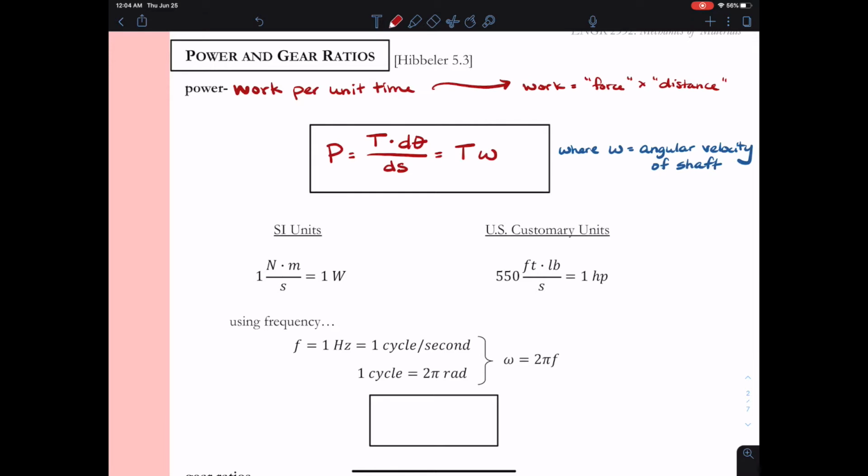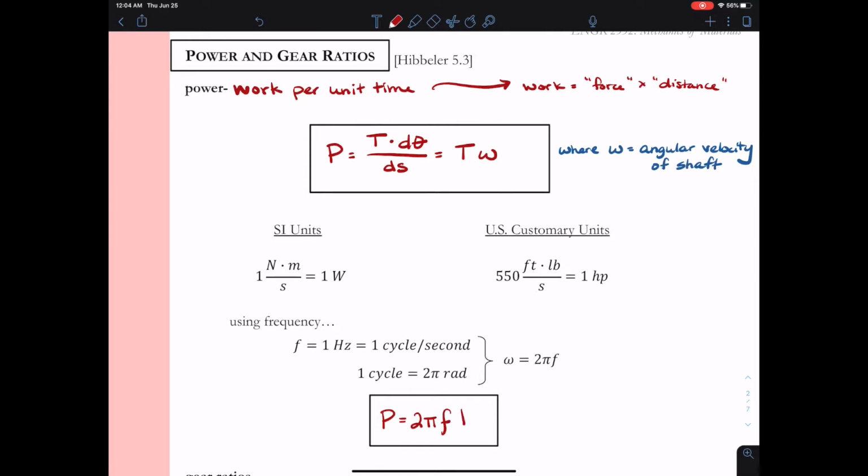Frequency is cycles per second, so it's just another way of describing speed. So we can look at the angular velocity as 2 pi radians times 1 cycle per second, which gives us times our frequency. So we can rewrite our formula: power equals 2 pi f times our torque T.